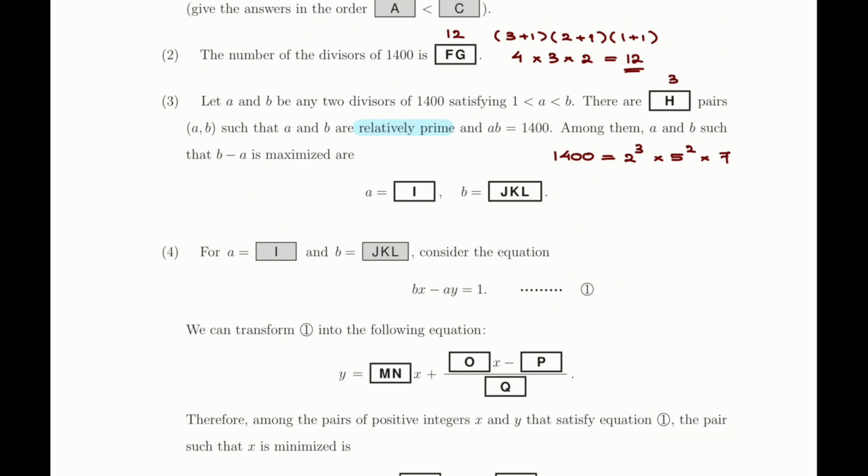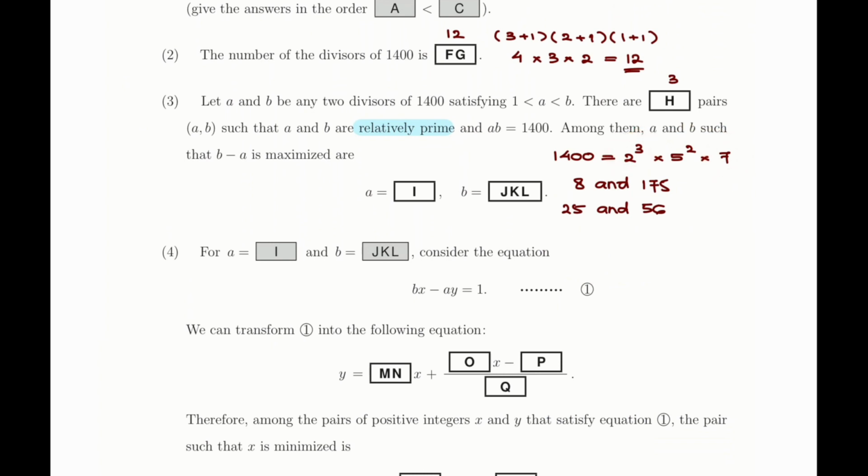The first one is 8 and 175. The second one is 25 and 56, where 56 is 8 times 7.